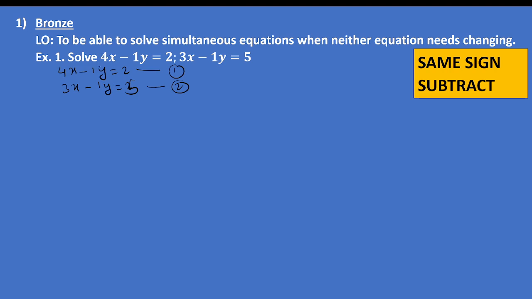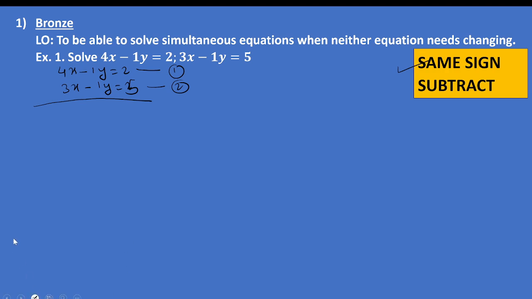Now clearly we can observe here that both y terms are the same in coefficient, and so we are going to eliminate this. And how can we eliminate this? We have a minus sign with the term of the first equation and a minus sign with the term of the second equation also. So whenever we see the same sign, we simply go for subtraction.